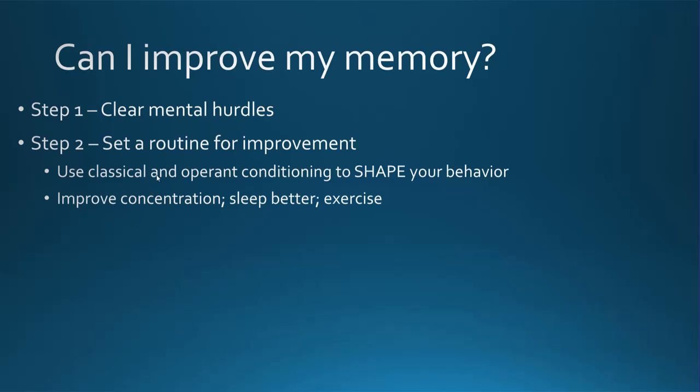You can do this to improve your concentration, so you can focus a little bit better for longer periods of time. You can start with small periods of time and gradually increase it. That's shaping. You can sleep better, have a better sleep pattern. You can exercise more. Exercise helps your cognition as well. So doing these things helps you become a better receiver for information.